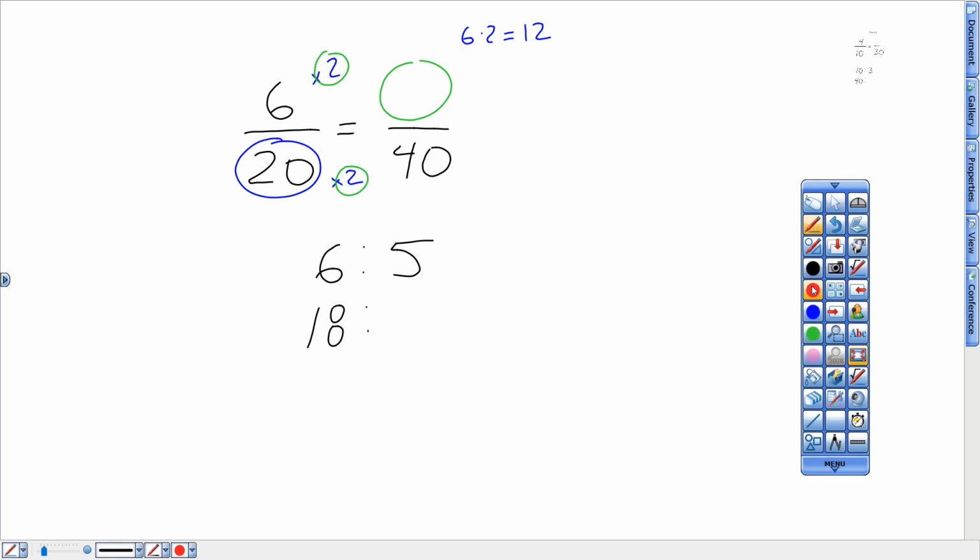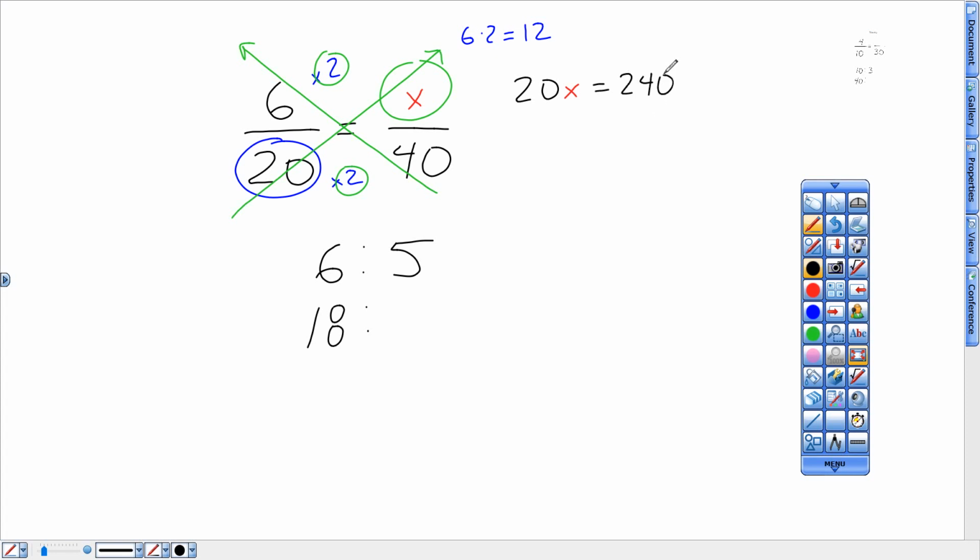You could put an X right here, and then always with an equal between two ratios, you can crisscross multiply. And what that does, one way, 20 times X gives you 20X. And then the other way, timesing 6 times 40 gives me 240.